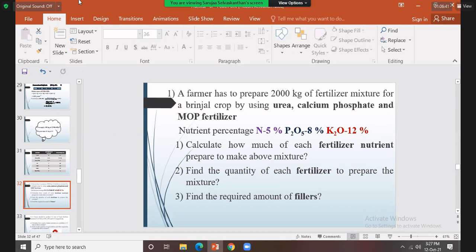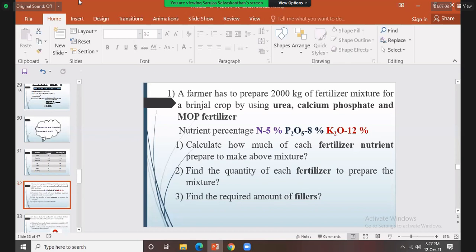These three are the nutrition percentages. Then what is the meaning of 5% nitrogen? We are applying 5%, meaning 100 kilogram has 5 kilogram of nitrogen. That is the meaning.